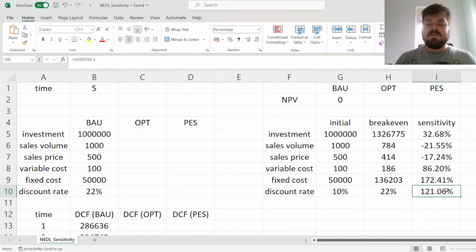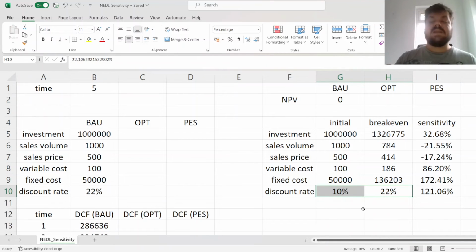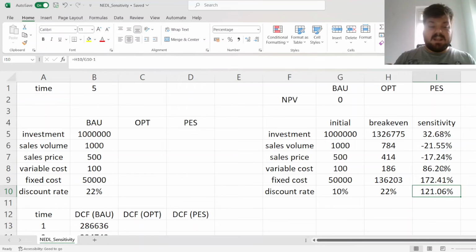And here we see that the discount rate can increase by 12 percentage points, or in relative terms by 121%, which means that the project is not very sensitive to discount rate, fixed costs, or variable costs, but it is quite sensitive to the investment amount, sales volume, and especially sales price.